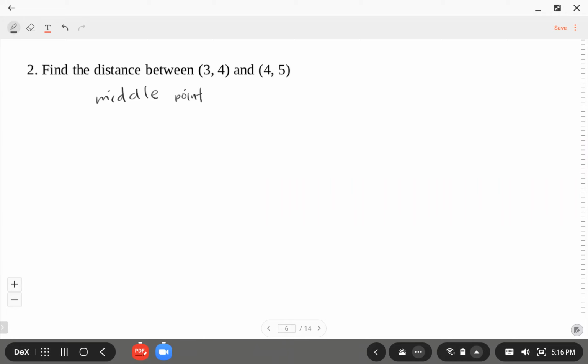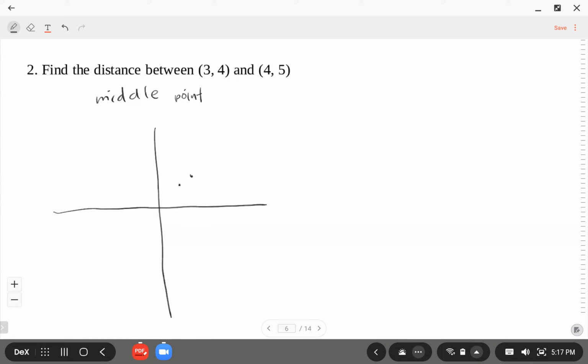So let's draw a coordinate graph first, and let's just estimate where these points are going to be. We have (3, 4), so x first, y second. Estimate it to be here. And then we have (4, 5). Let's estimate it to be here.